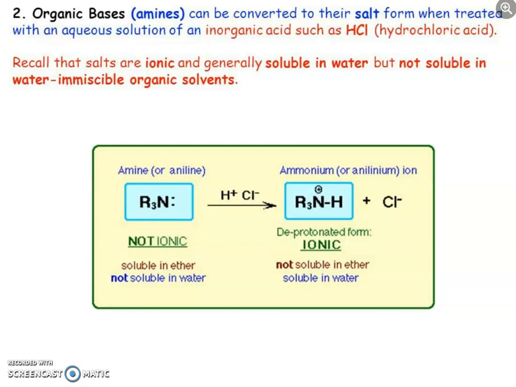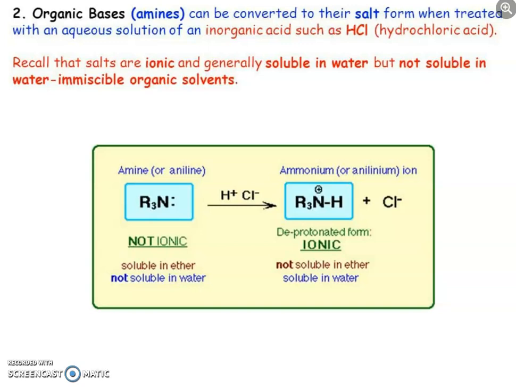Now organic bases, amines, can be converted to their salt form when treated with an aqueous solution of inorganic acids such as HCl, hydrochloric acid. Recall that salts are ionic and generally soluble in water, but not soluble in water immiscible organic solvent.